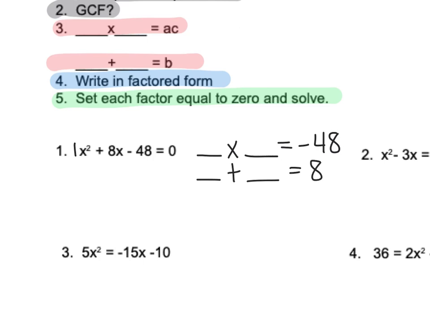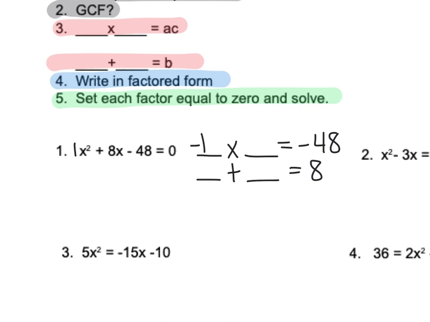Okay, so then we need to think about our factor pairs of 48. We'd have 1 and 48, 2 and 24, 3 and 16, 4 and 12. As I hit 4 and 12, I realize, okay, I know I can get 8 out of that. I need to get a positive 8 and a negative 48. So one of my numbers here is going to be positive and the other one's going to be negative.